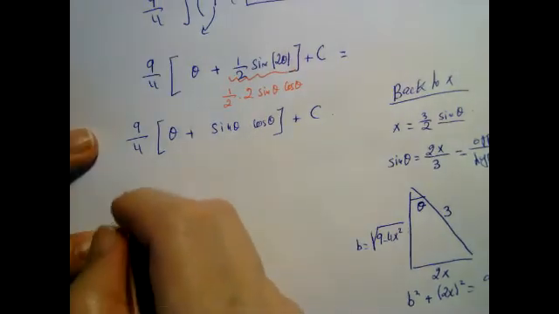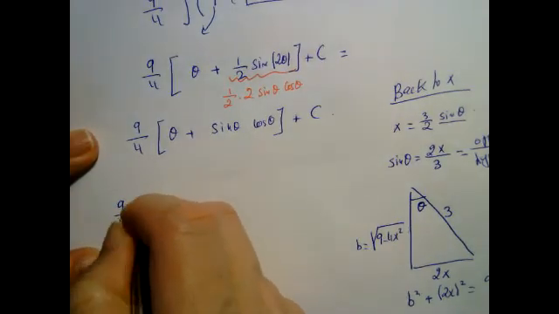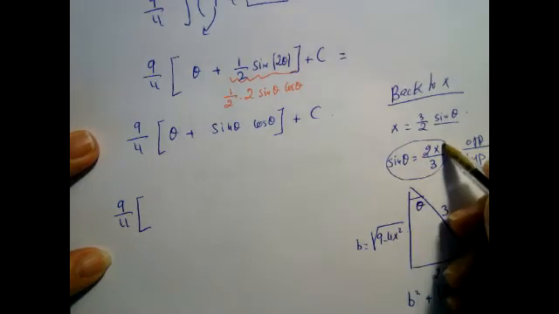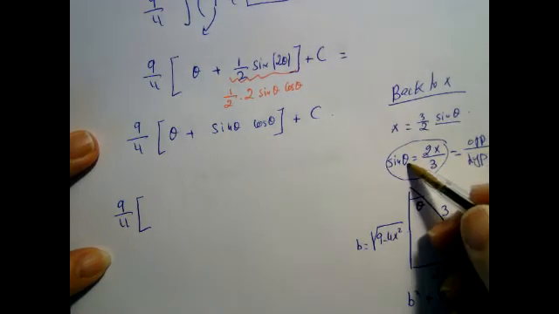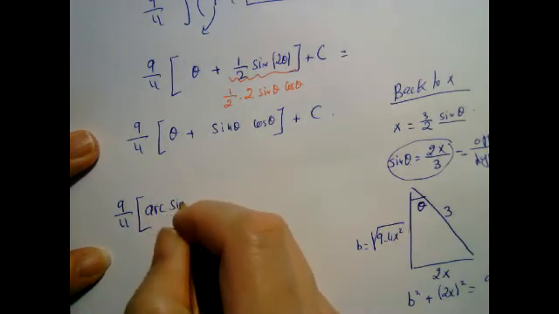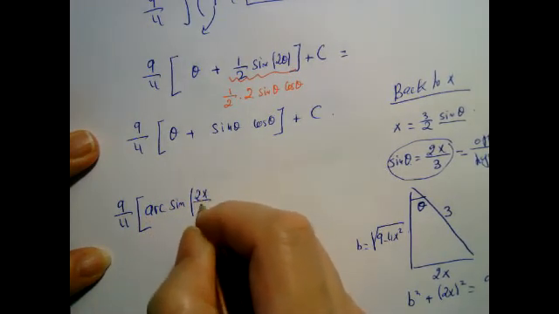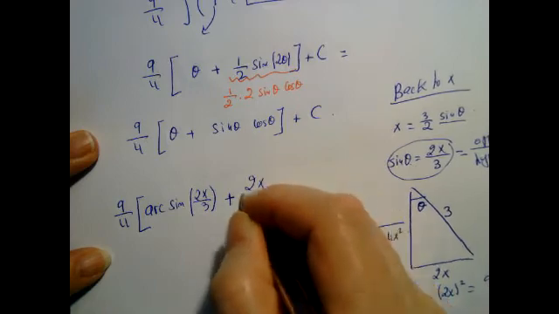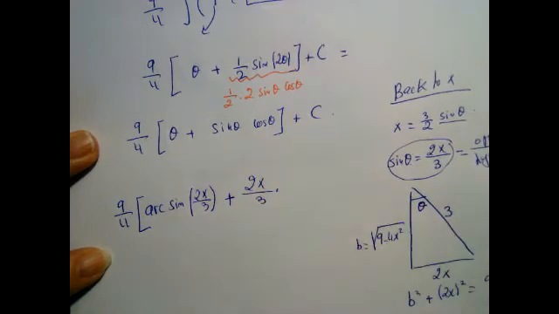And now I have everything. Sine theta is 2x over 3. I solve for theta, it's the arc sine of 2x over 3, plus sine of theta, which is 2x over 3, times the cosine.